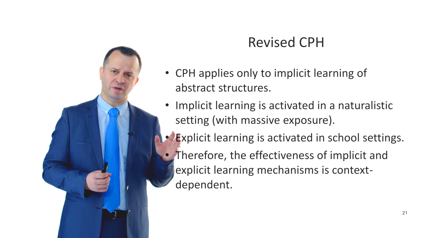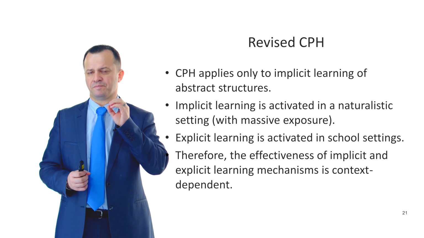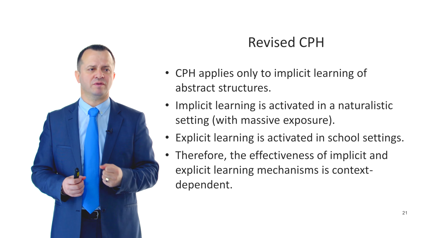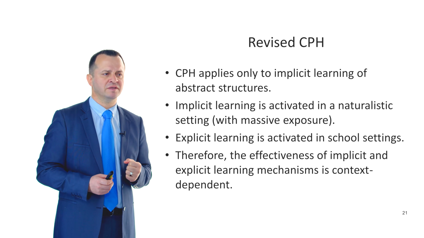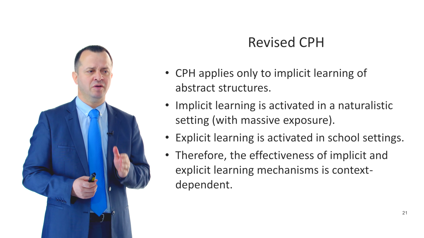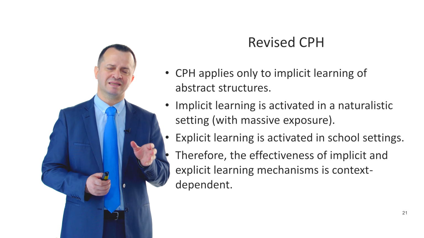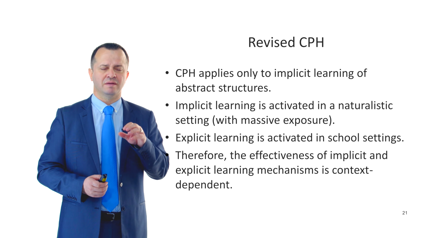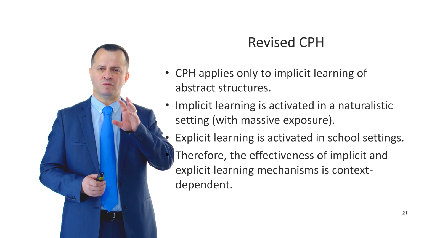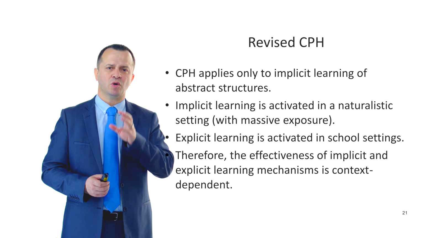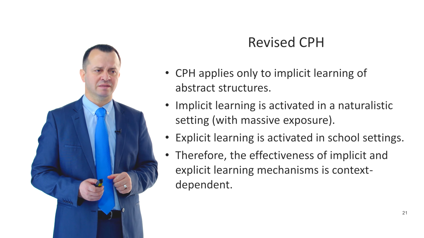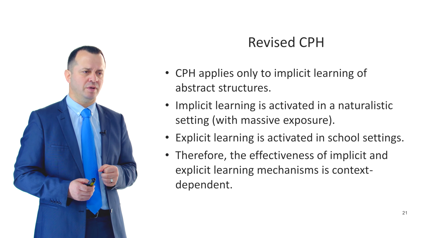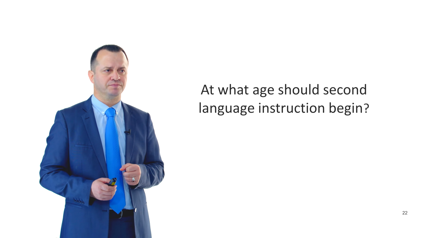So the school English teacher describes the grammar rules, etc. Therefore, the effectiveness of implicit and explicit learning mechanisms is context dependent, which means which one is good and effective all deals with the context in which those strategies are used.